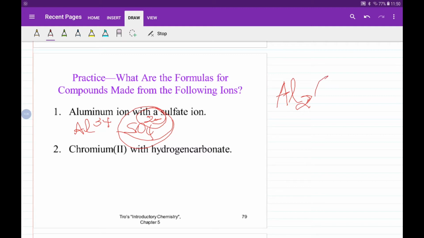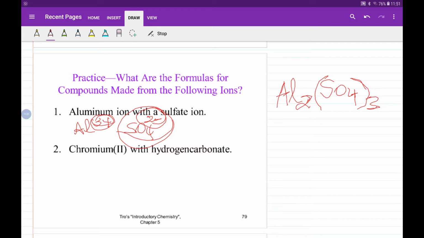So that'll be parentheses SO4. Now, the charge on aluminum is 3 plus. That means the subscript for the sulfate ion is 3. Therefore, the formula will be Al2(SO4)3.